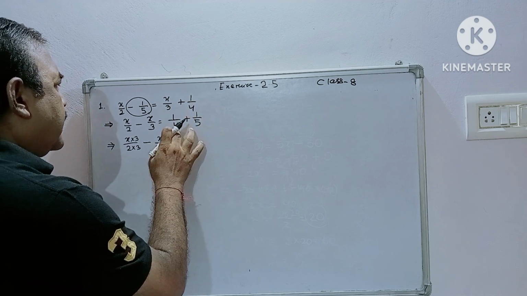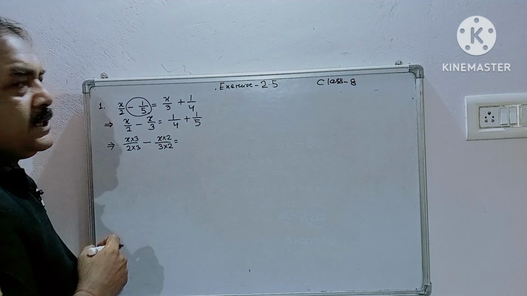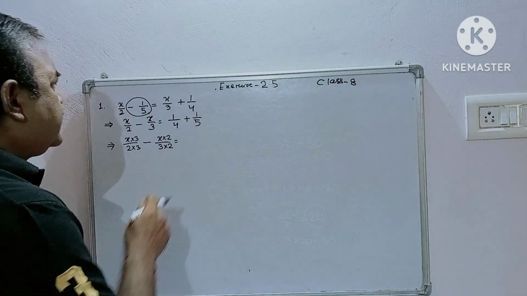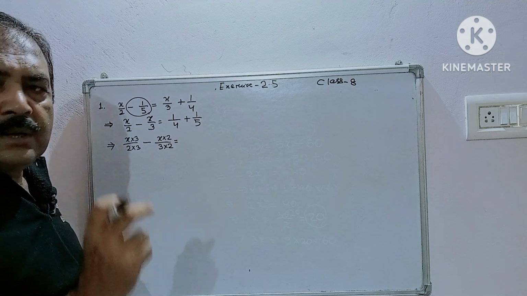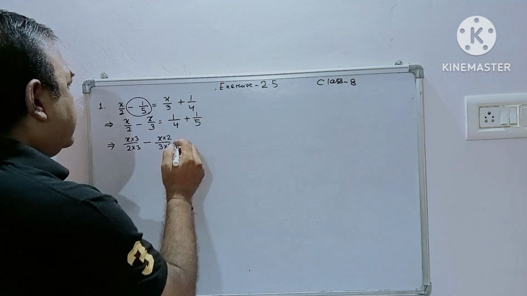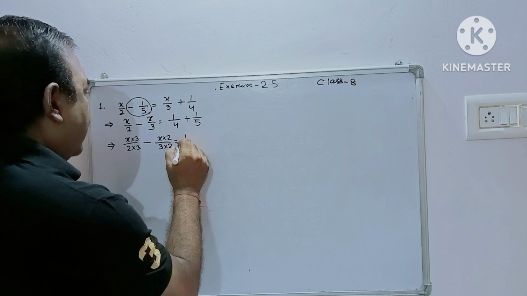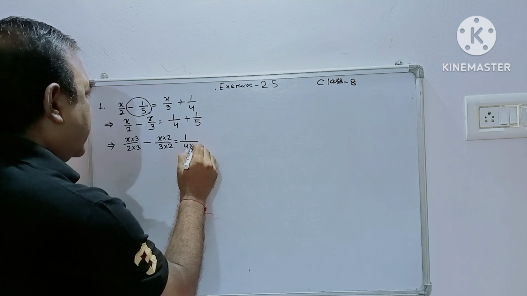So LCM of 4 and 5 is equal to 20, because the common factor is only 1, so you have to multiply to get the lowest common multiple. So 1 upon 4, we have to make the denominator 20.